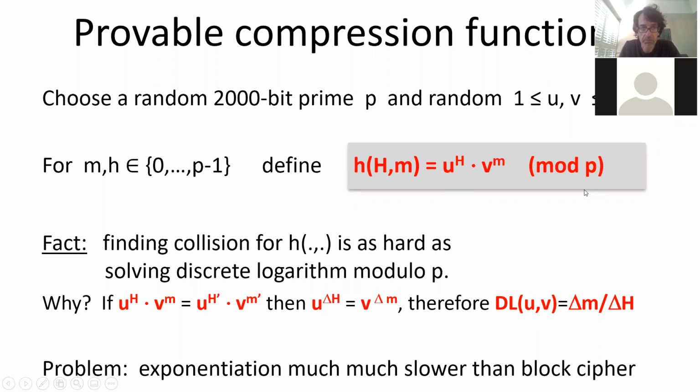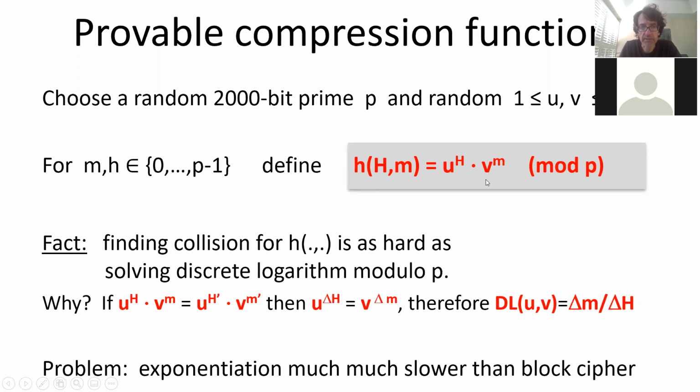We don't know fast algorithms to compute discrete logarithm for random points. So if u and v are chosen truly at random, then collision resistance of this thing would be based on the discrete logarithm assumption. u and v are public parameters, so they're part of the description of this function, right?